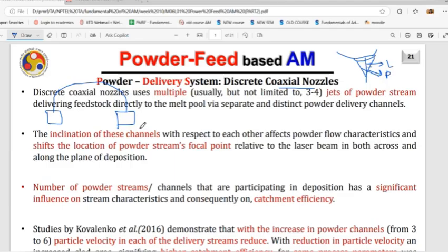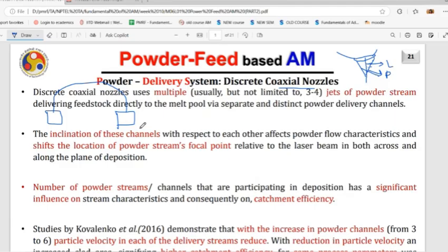From that concept, DED came. That's why the cladding had to be done with a higher spot diameter. It's better if my deposition size is bigger, then I can finish my job in very little time. So cladding is generally done with a bigger laser spot diameter and powder.